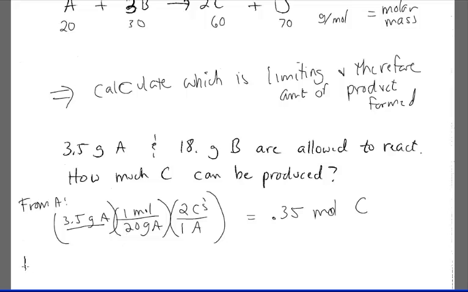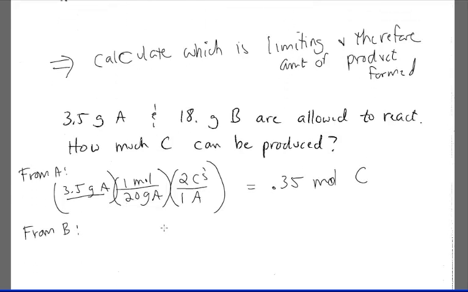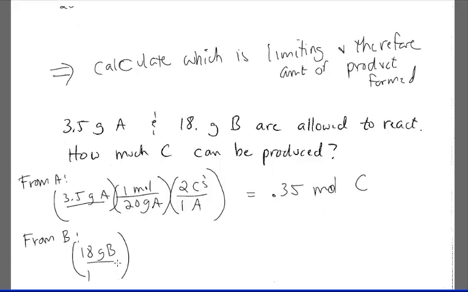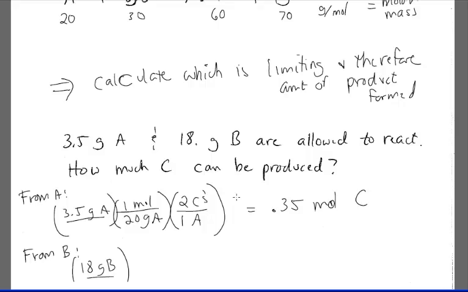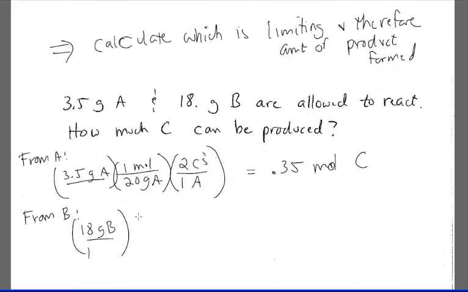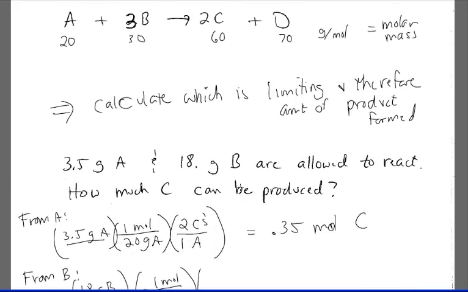Now, according to B, we'll get a different amount. We have 18 grams of B, and its molar mass was 30, so 30 grams of B per 1 mole, and its ratio of coefficients to make C is 2 C's for 3 B's.